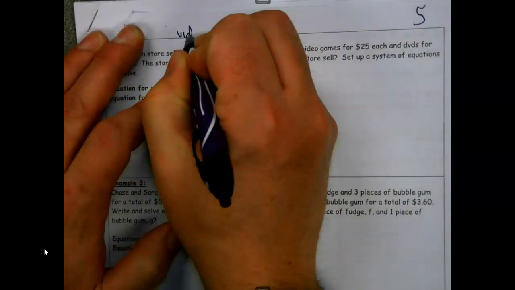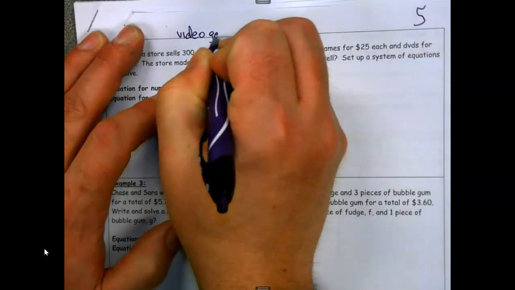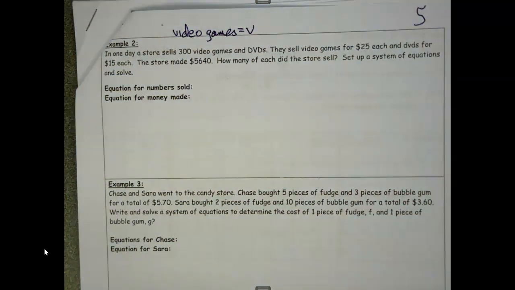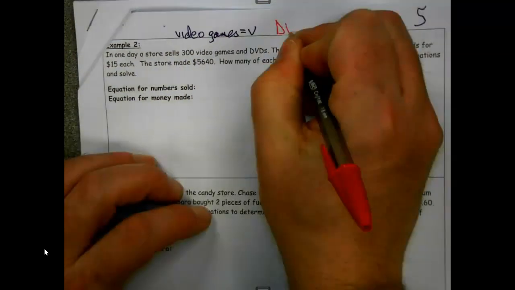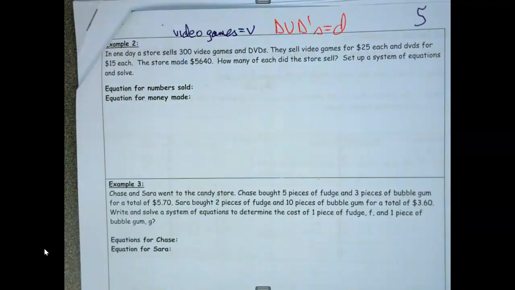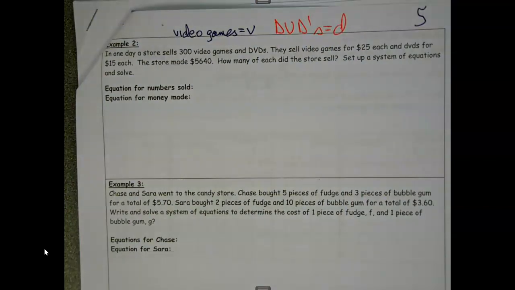I'm going to make my video games V and the DVDs D, just because that's easier for me knowing which one's which than using X and Y. You could, though. So, numbers sold.